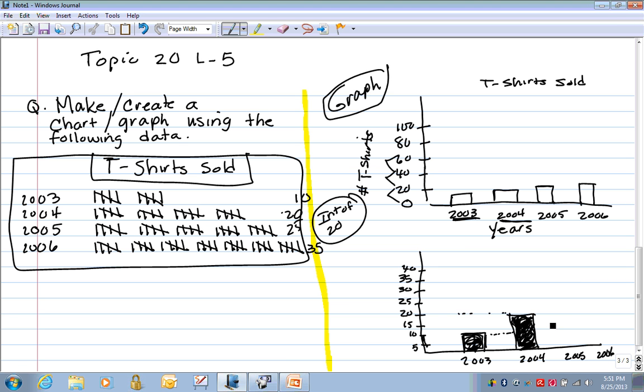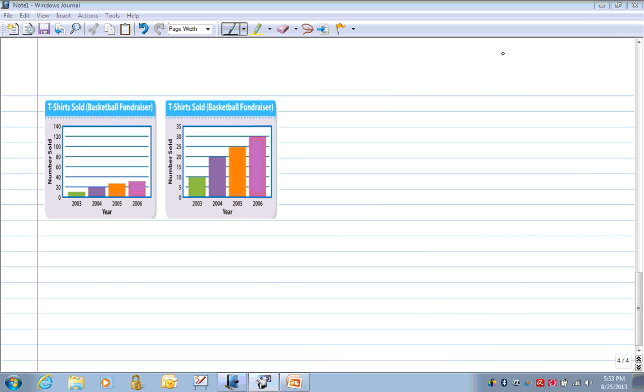The next one should be 25, so let's go over 25. And the last year, 2006, is 35, so we want to go up to 35. So immediately you could see the data is shown more accurately or less misleading. I'll pause there so you can graph your bar graph.